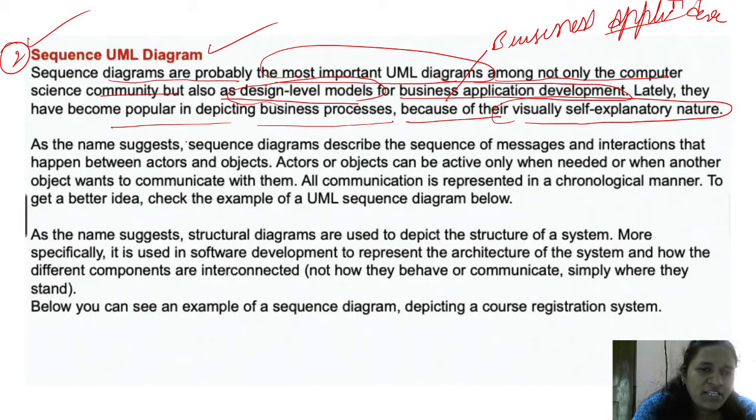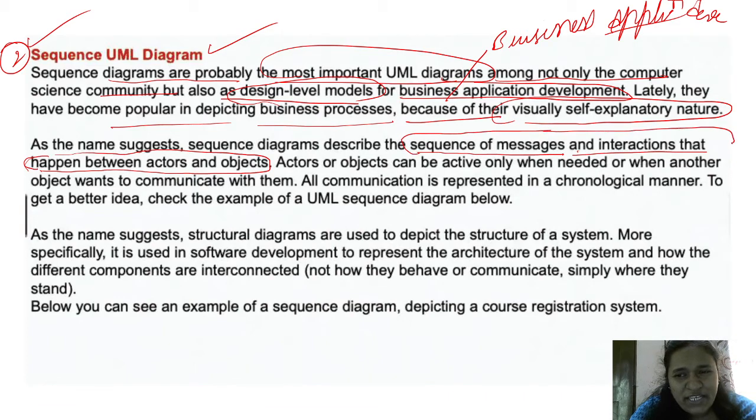As the name suggests, sequence diagrams describe the sequence of messages and interactions that happen between actors and objects. Okay, this is a definition. Please remember this.